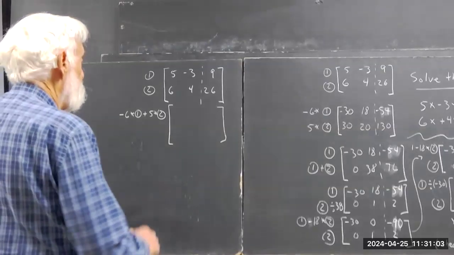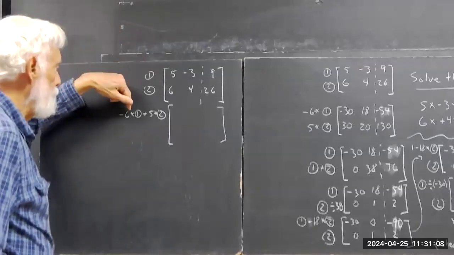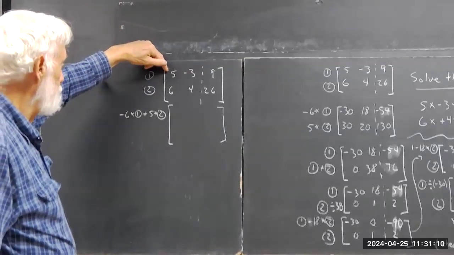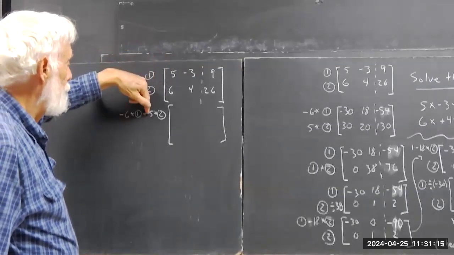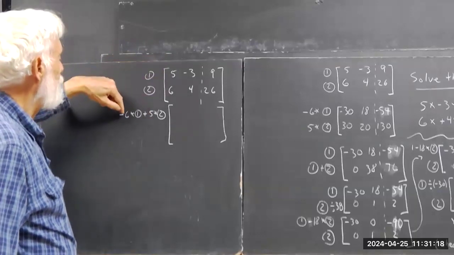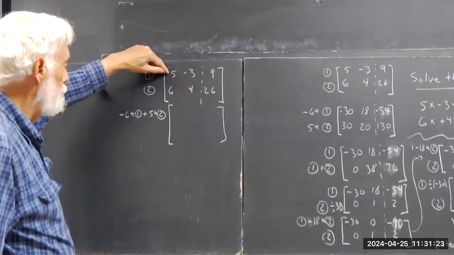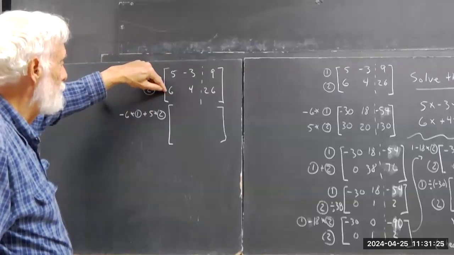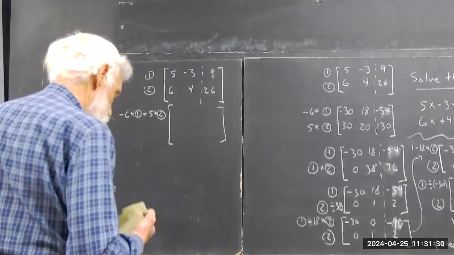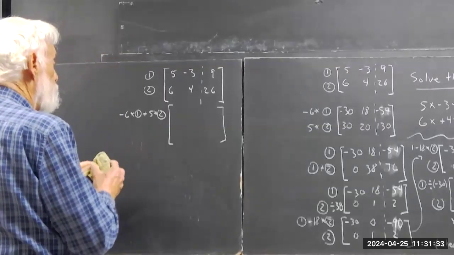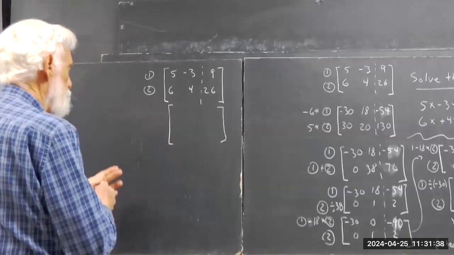And when I do that, I'm going to get, well, look at it, -6 times row 1, 5 times row 2. -6 times 5 is -30. 5 times 6 is 30. Continuing my propensity for doing things carefully.